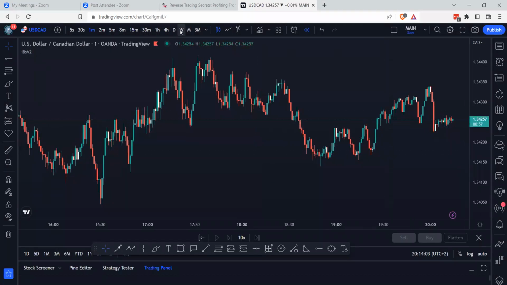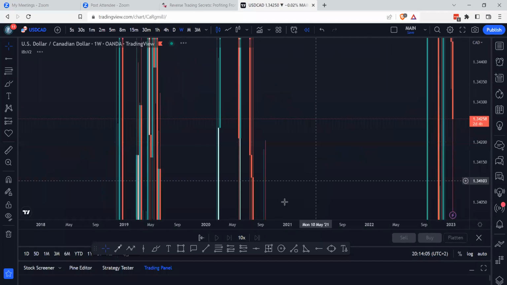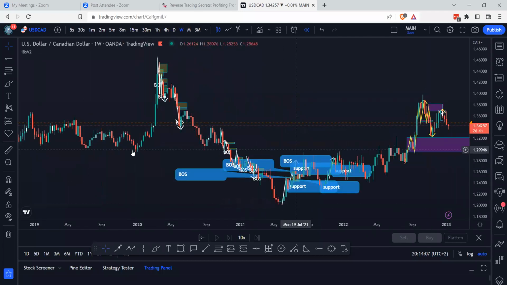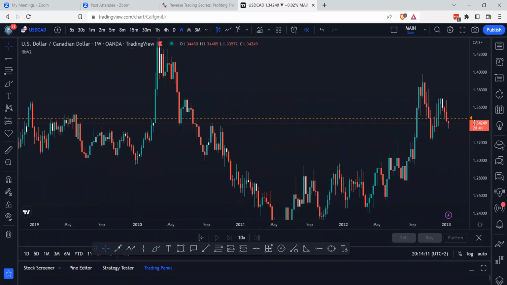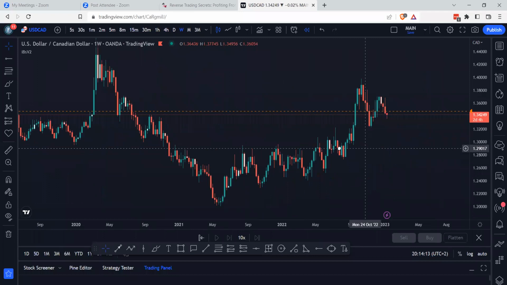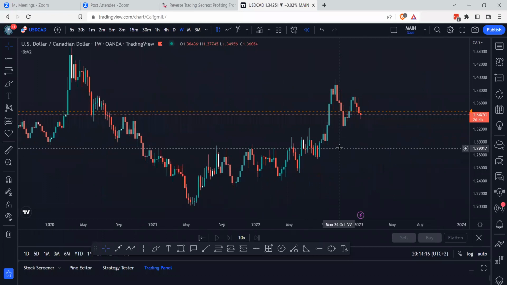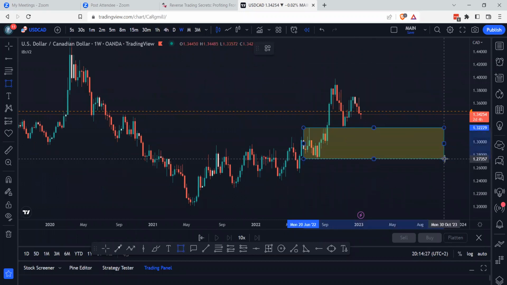So USD card, let's check out what's going on the higher time frame. Let's check out USD card on weekly charts. On weekly chart, we can see that price is obviously bullish, all right? So we can see a demand zone right here.